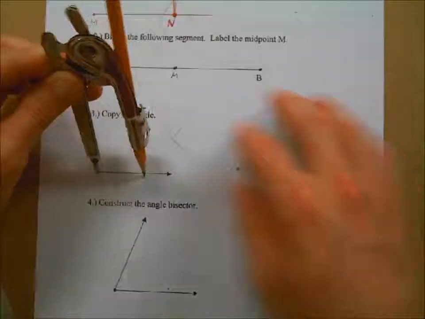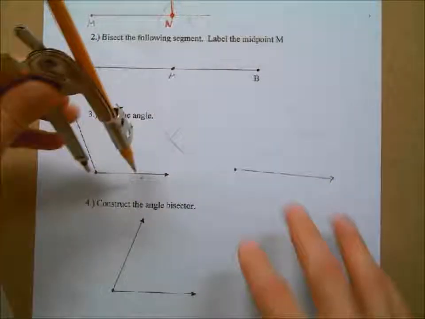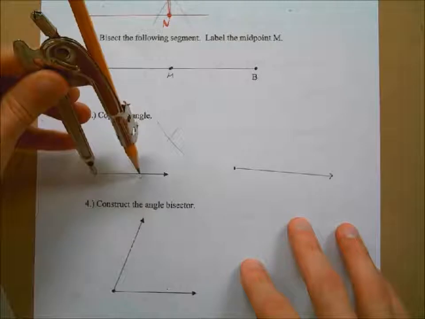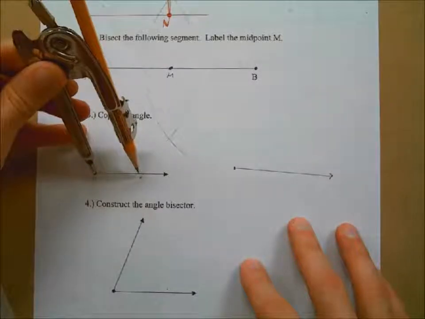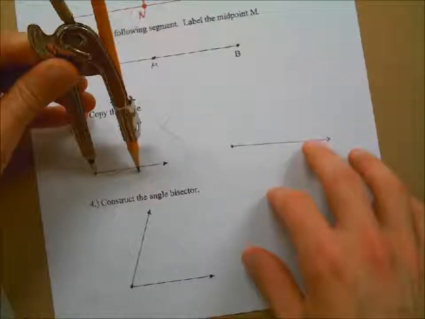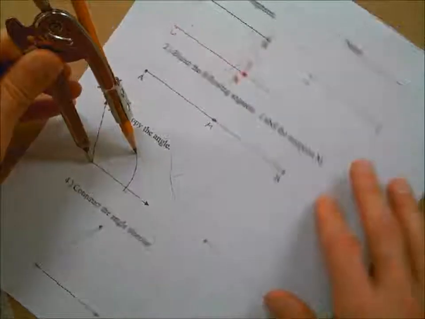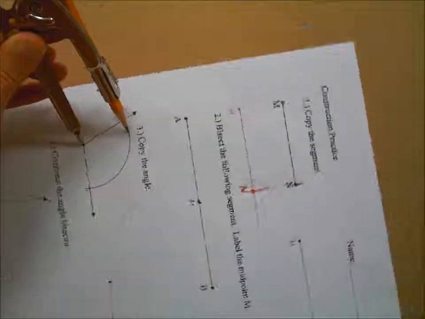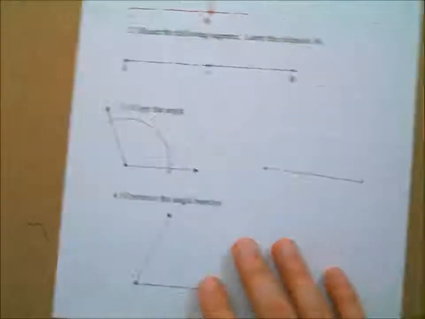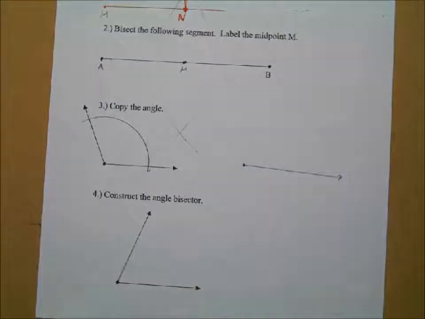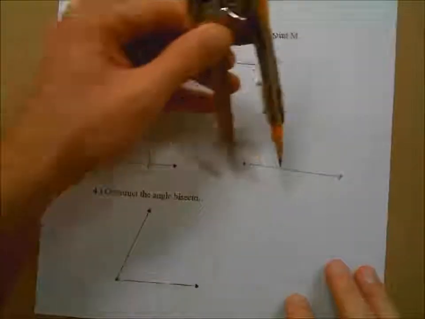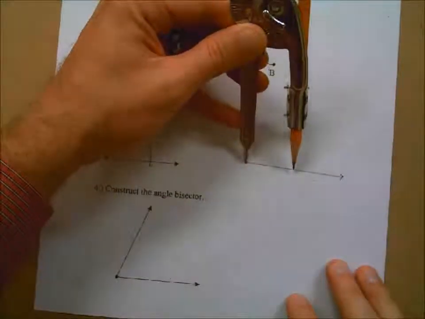You may want to turn your paper to help you. That can help if you want to just move your paper and keep your compass stationary. See how I'm moving my paper, and voila, we create that little arc there. That very same arc we're going to produce over here. Make it nice and big like the other one was, okay?